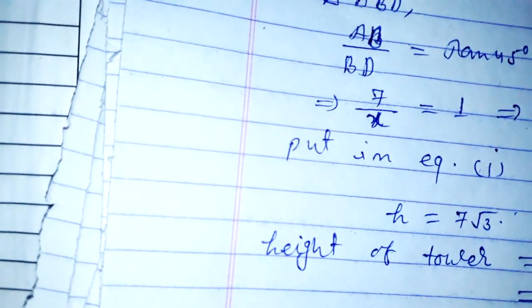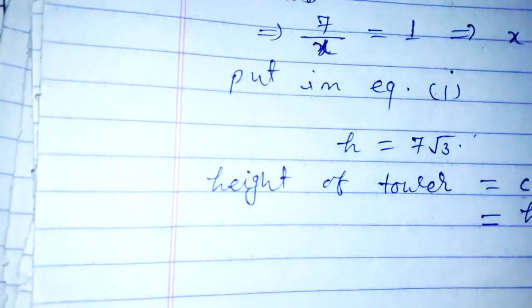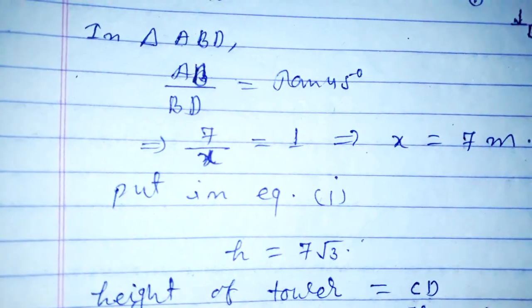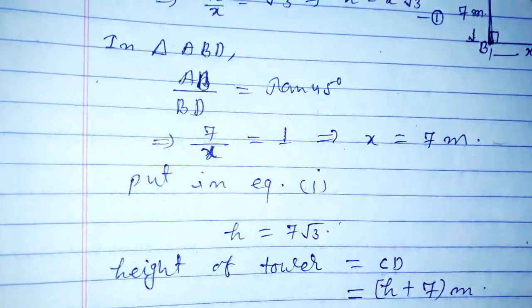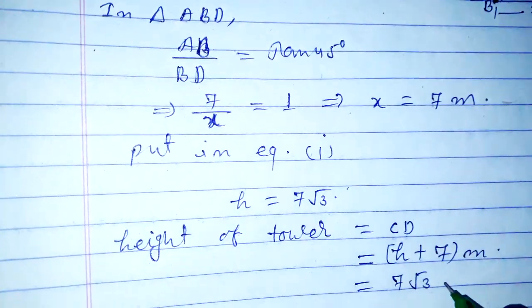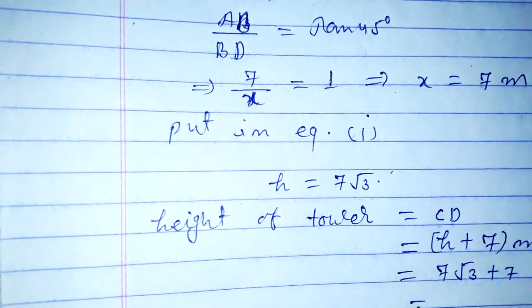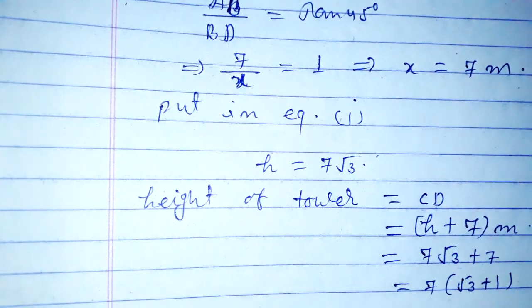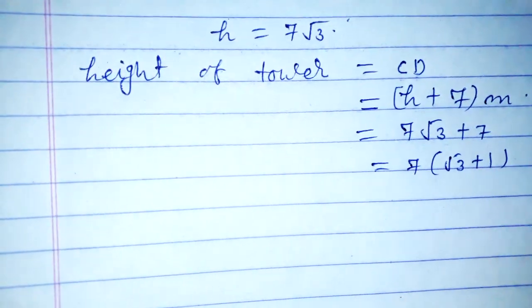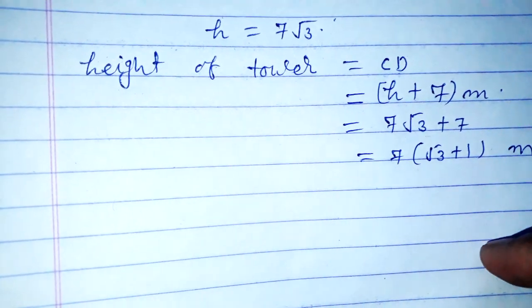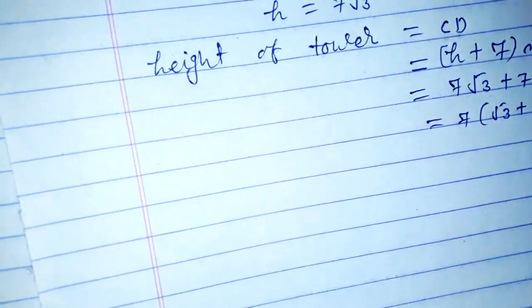And what is CD? CD is h plus 7 meter. So what is h? h is 7 root 3 plus 7. Take the value 7 common. So this is 7 times root 3 plus 1 meter. Again, to solve further, put the value of root 3 and multiply by 7. So the answer is here.